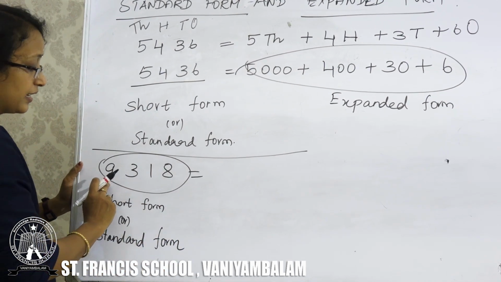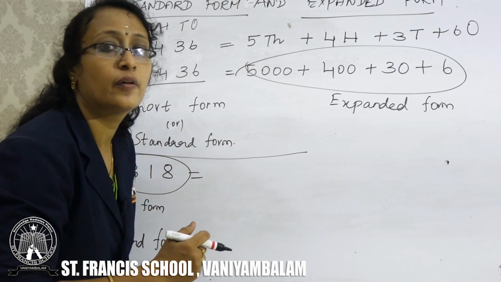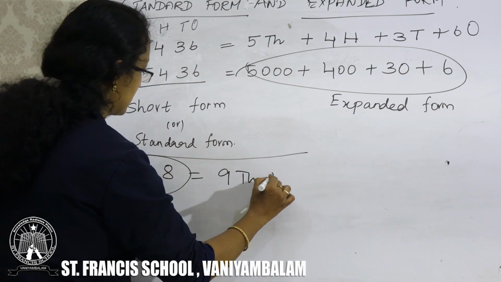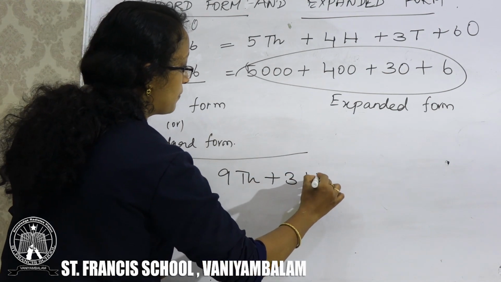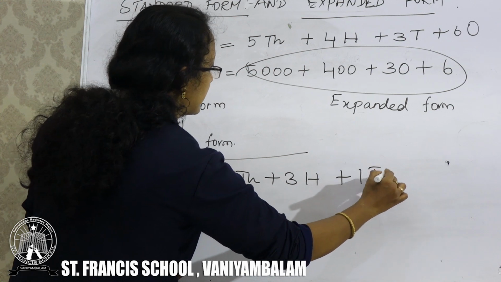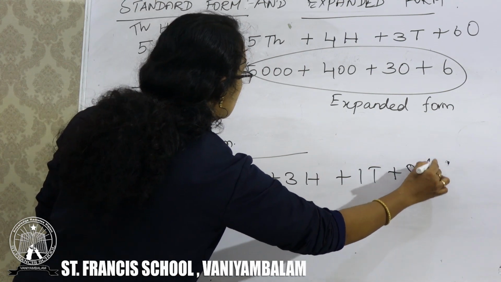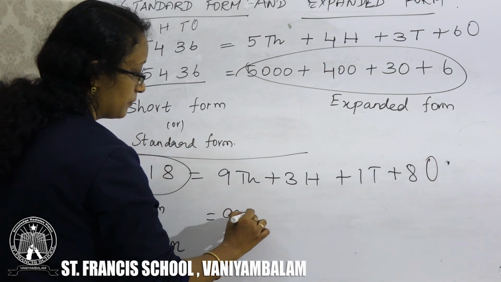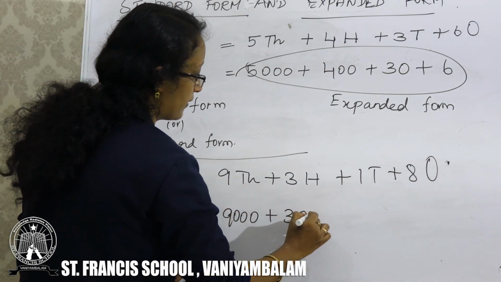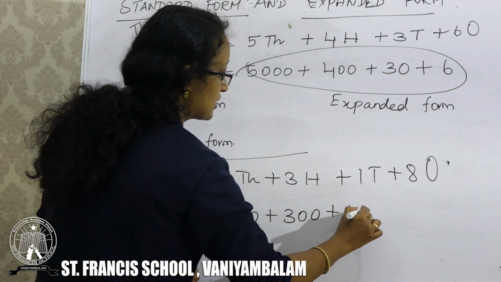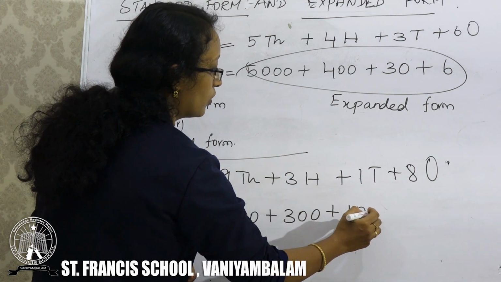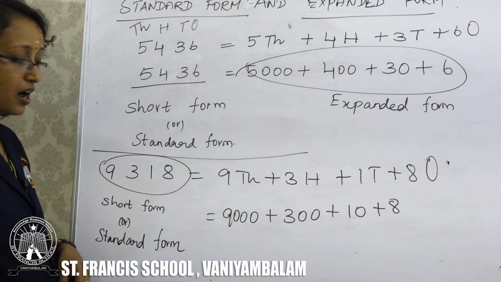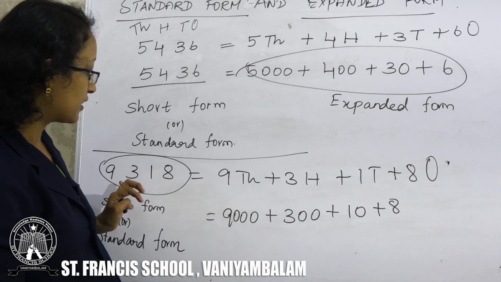Got it? And 9318, I am going to expand it. So 9 is in thousands place, 3 is in hundreds place, 1 is in tens place, and 8 is in ones place. So 9,000 plus 300 plus 10. 1 ten, right? So 10. And 8 is in ones place. This is your expanded form of 9318.